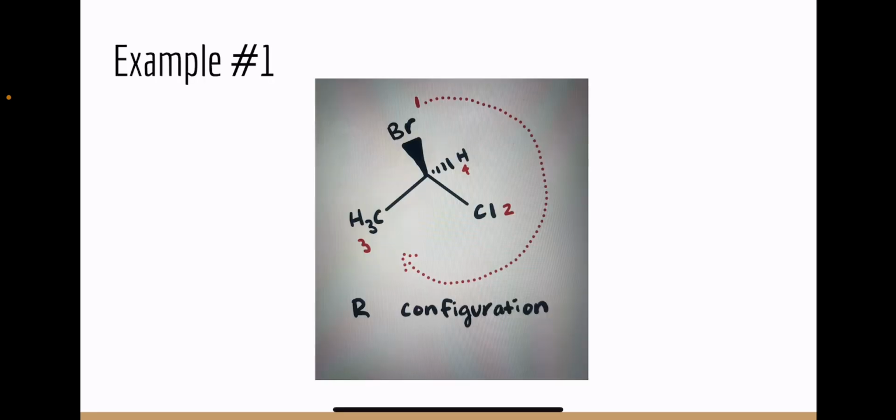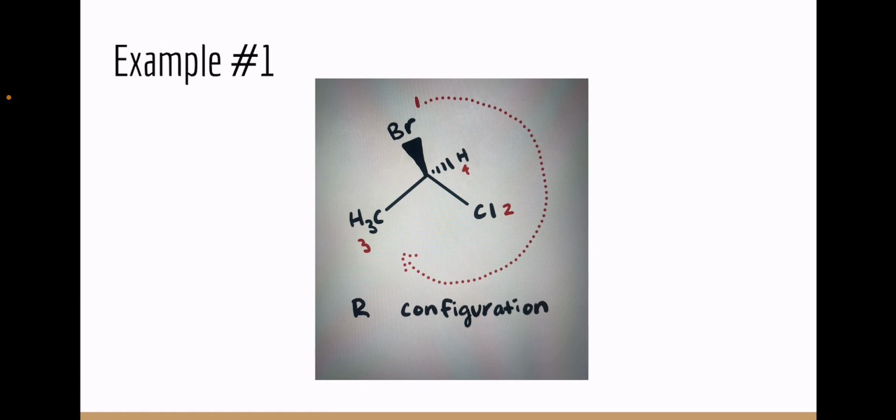If we consider 5 examples to illustrate this process, our first example shows a bromine atom, chlorine atom, and then CH3. Bromine has an atomic number of 35, chlorine has an atomic number of 17, and then the CH3 will have 9. So bromine will have our highest priority.